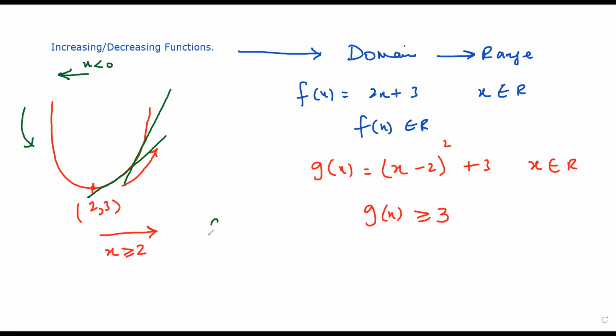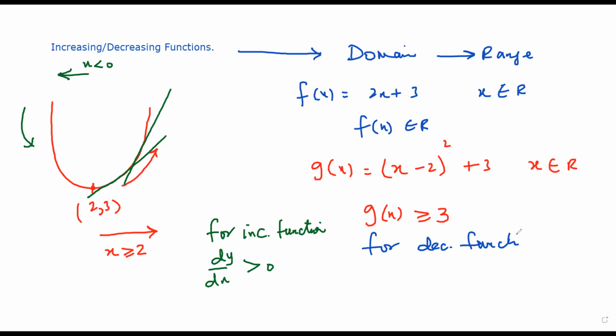So for an increasing function, dy by dx is going to be positive, while for a decreasing function, you can note down that dy by dx will be negative.